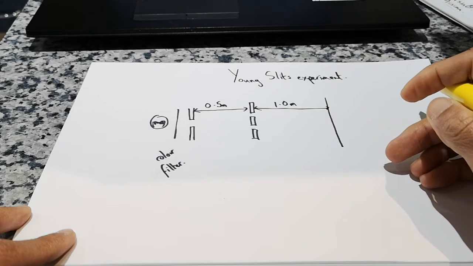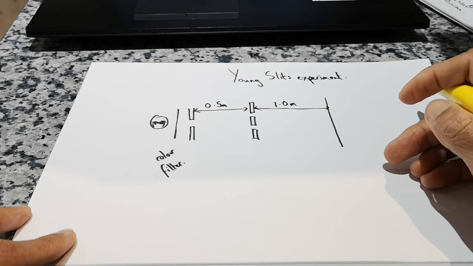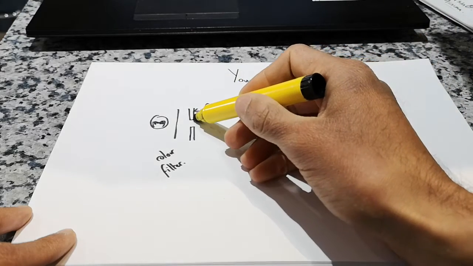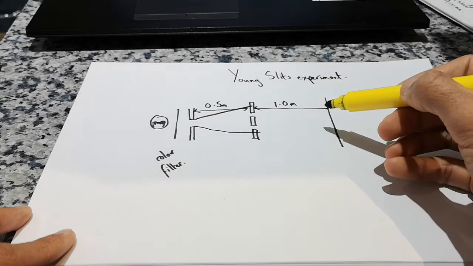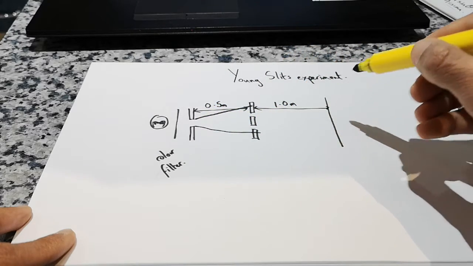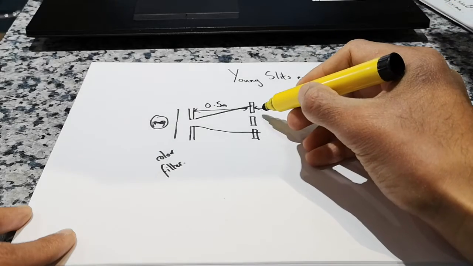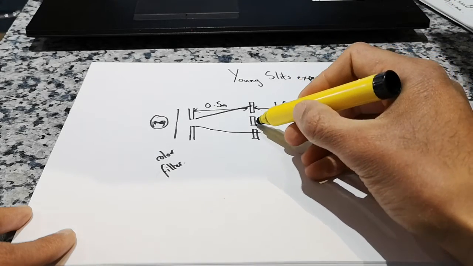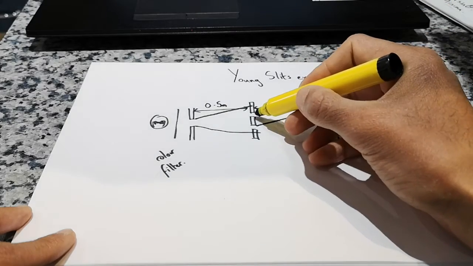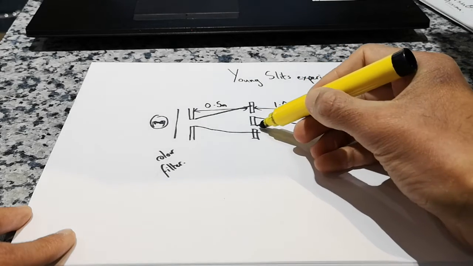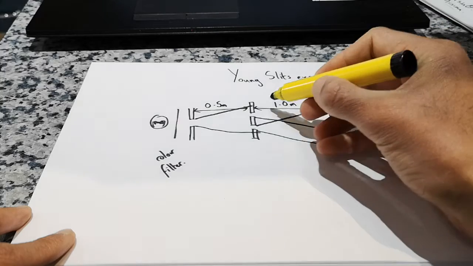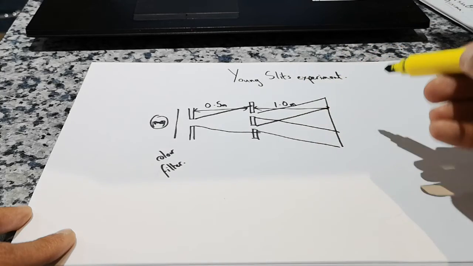Now what he was able to show, if we look at it in a very simplistic way, and this is taken directly from the Kabuda book, is that we get a pattern occurring like so, like so, and like so.